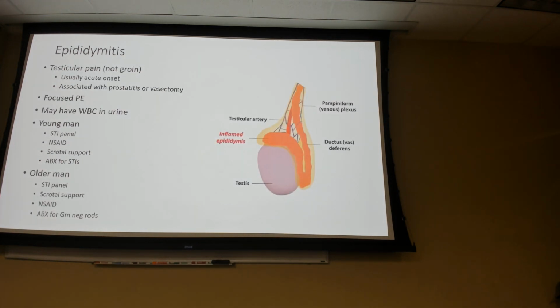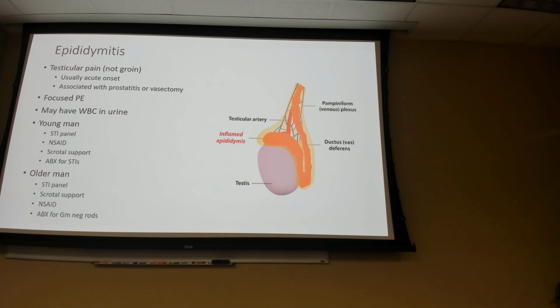And epididymitis. We're going to talk about groin pain for surgery, but this obviously isn't a surgical patient if they present with epididymitis. Typically this is not groin pain, it's testicular pain. Usually acute onset, and we stratify these by whether they're younger versus older.